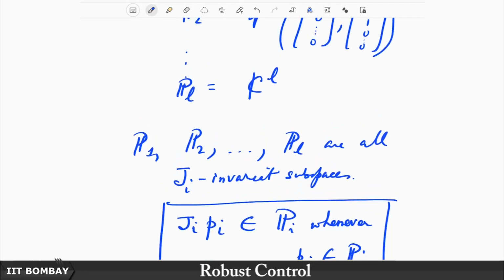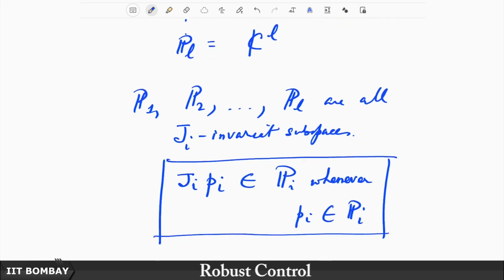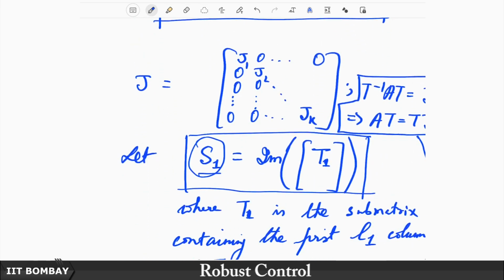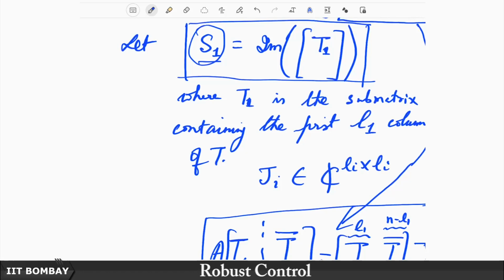So, we have seen that this Ji itself throws up Li, Ji invariant subspaces, right. And if you pry closely inside those blocks inside Ji, you will see that hidden within them, for every one of those Ji invariant subspaces, you will be able to find some A invariant subspace.